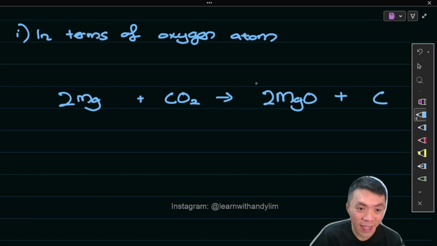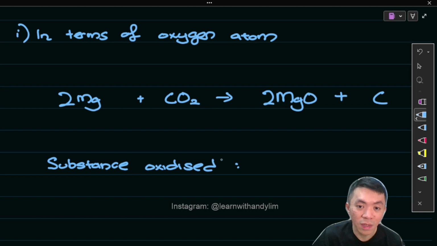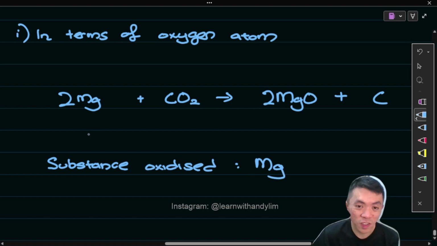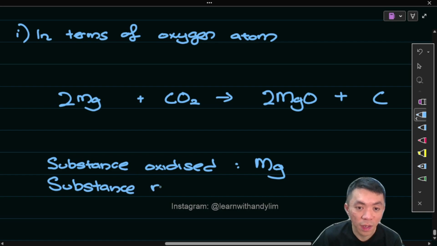So what I can say, I'm just gonna write substance oxidized. This is equal to my magnesium because oxidation is happening to the magnesium. Of course, when I have something oxidized, I will have some substance that is reduced. What is reduced here? I'm going to see in terms of oxygen.